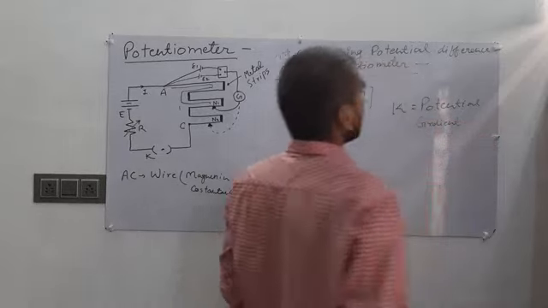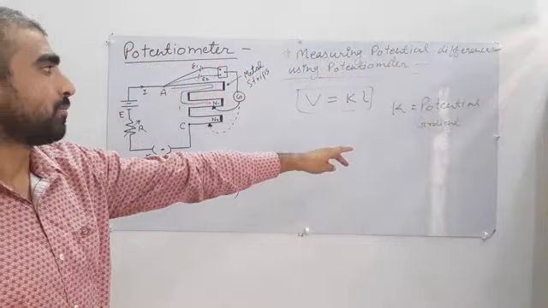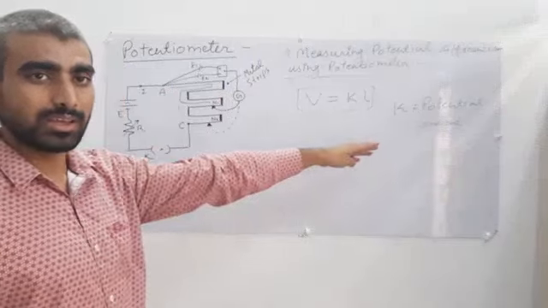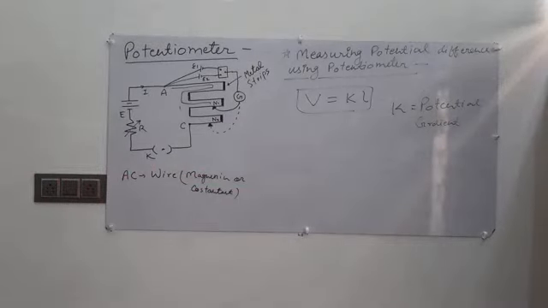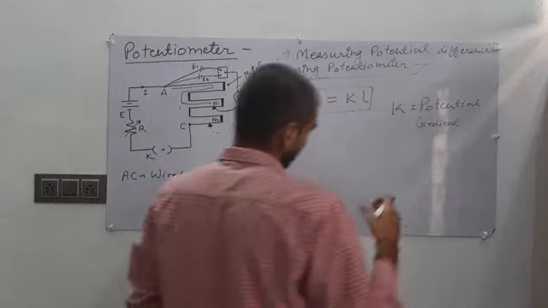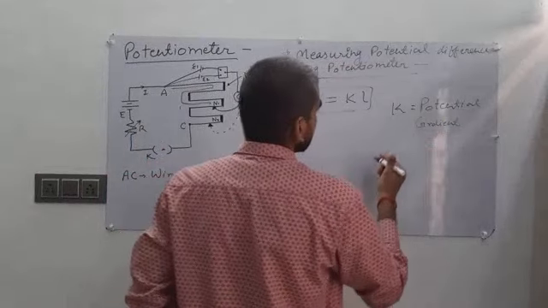That means potential drop per unit length.